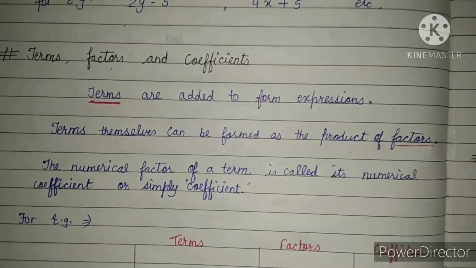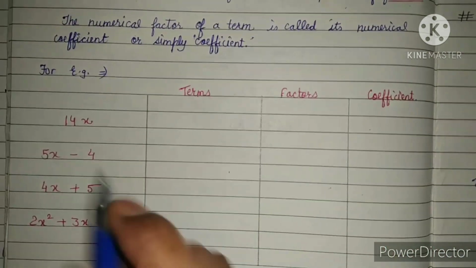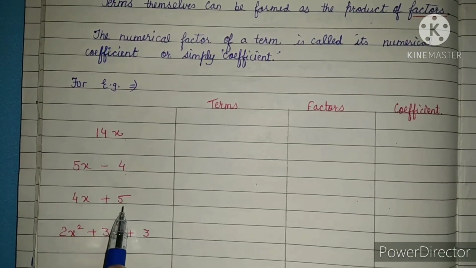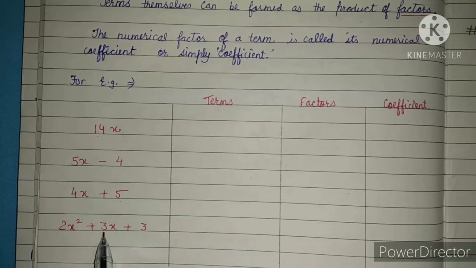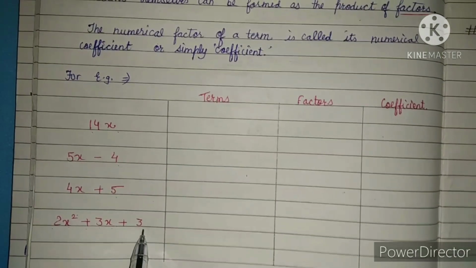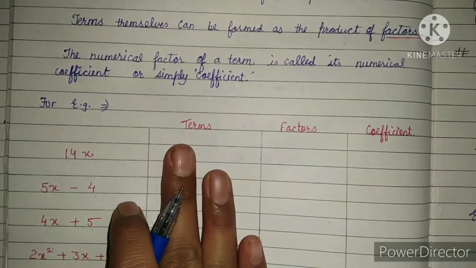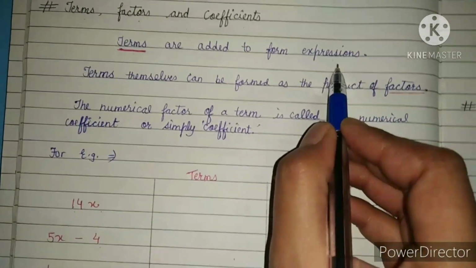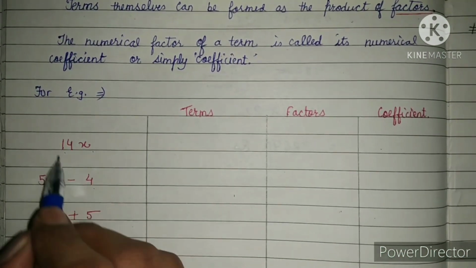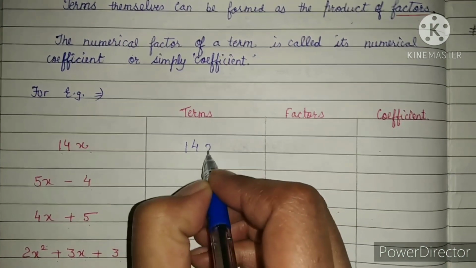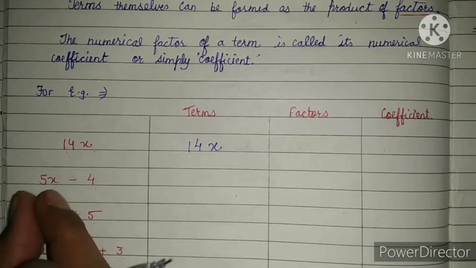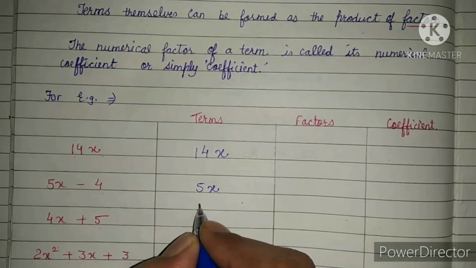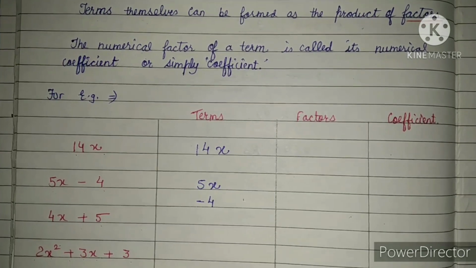Here I have already written the examples. First 14x, 5x minus 4, 4x plus 5, 2x square plus 3x plus 3. So terms. What is the meaning of terms? Terms are added to form an expression. So in the first one only one term is there. But in the second one, 5x minus 4, 5x is the first term and minus 4 is the second term.